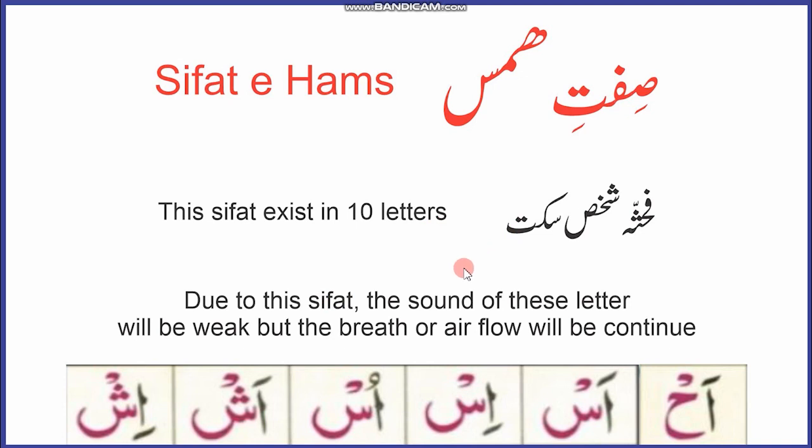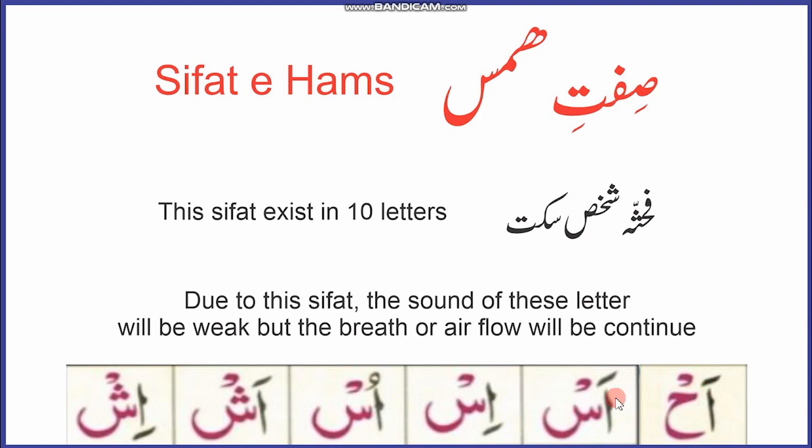Now, how to pronounce these 10 letters with the sifat hams? While pronouncing these letters, our sound should be extremely weak, but our breath will continue, meaning the airflow will continue. Hamza ha zabar ah. So if you just think, here the airflow is continuing.